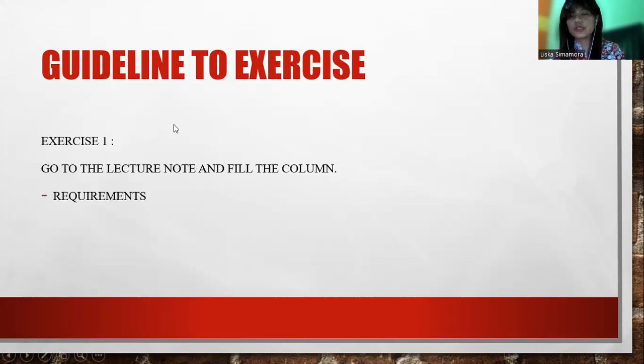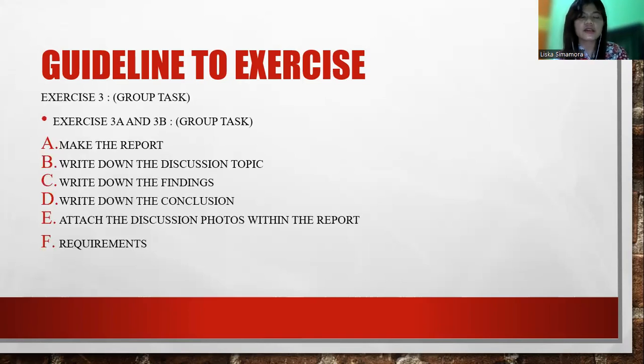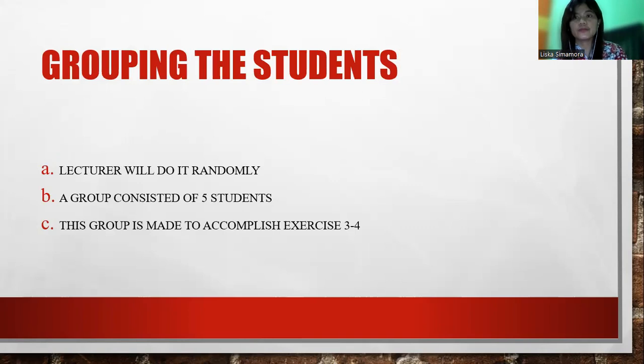I will also submit them together with my presentation, of course in another file. I put them in Word, and my presentation in PowerPoint. In exercise 1, there are some requirements, and also in exercises 2, 3, and 4.